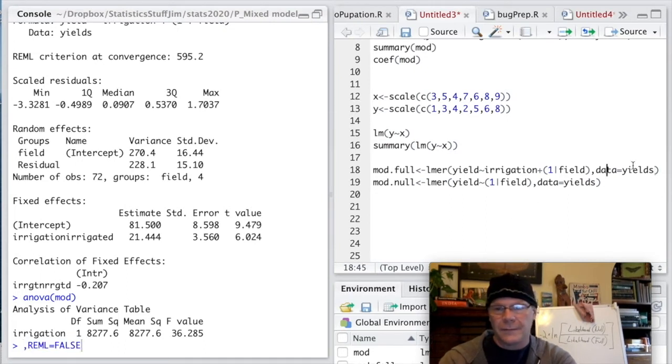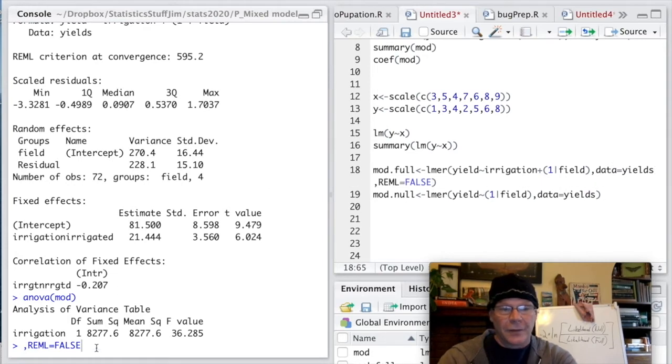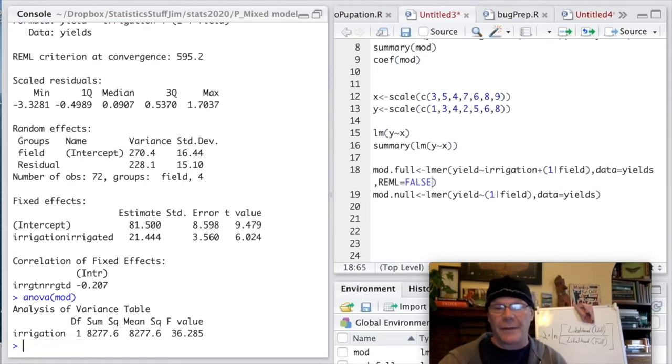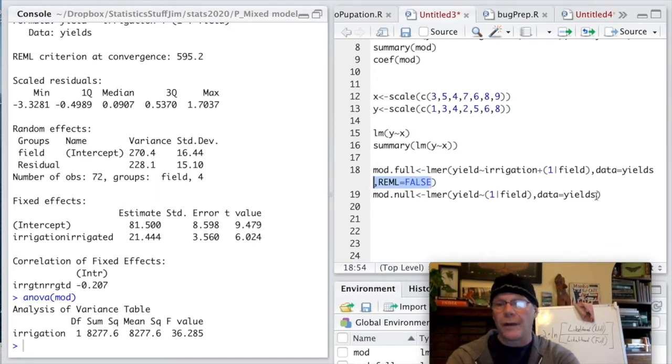There you go. So I'm saying REML equals false. That way the whole model is based upon a maximum likelihood estimation.